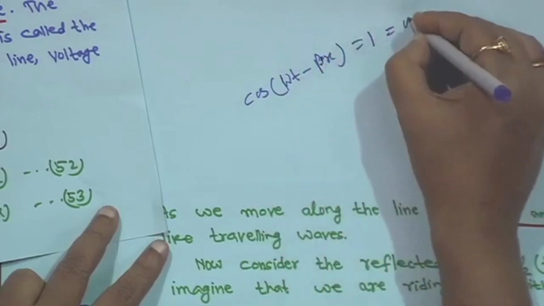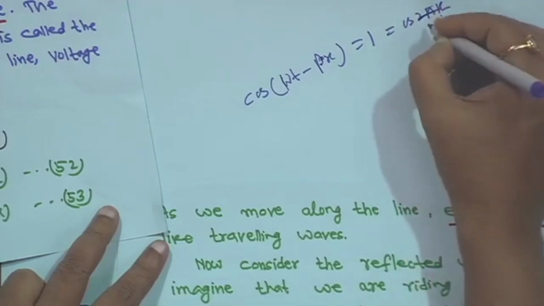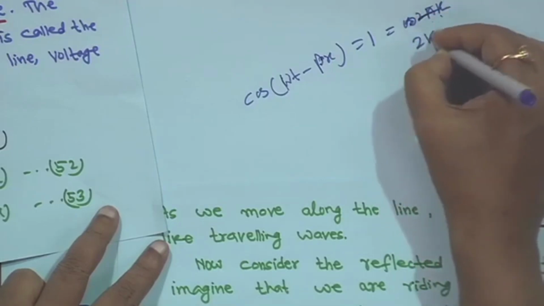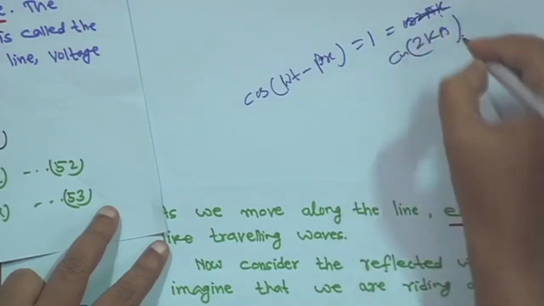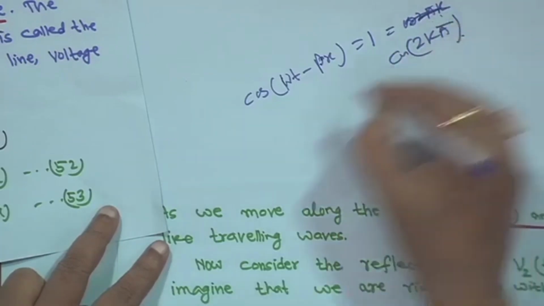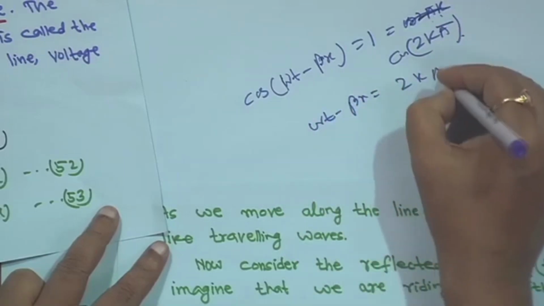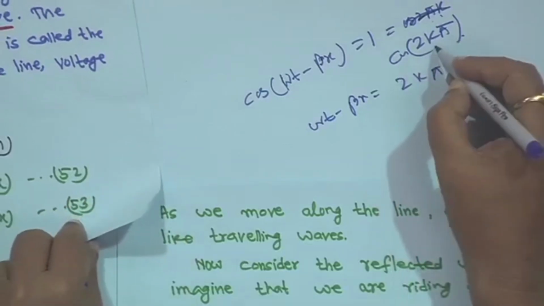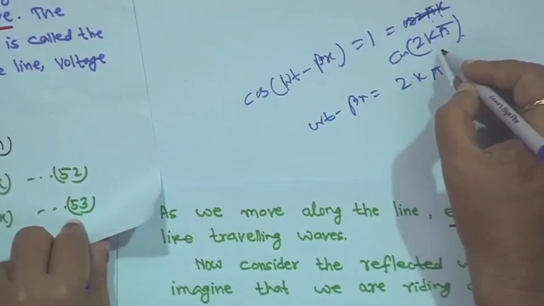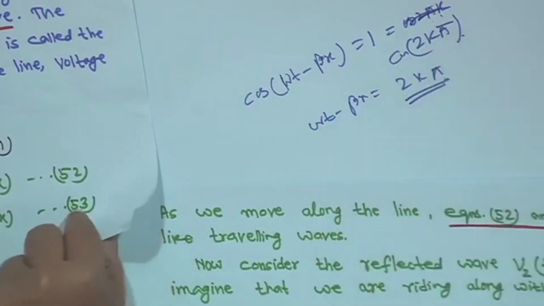So it is cosine of 2 k pi, which is a general thing. If k is 0, cos 0 is 1; if k is 1, cos 2 pi, that is 360 degrees, is also 1, and so on. So, omega t minus beta x will be 2 k pi.